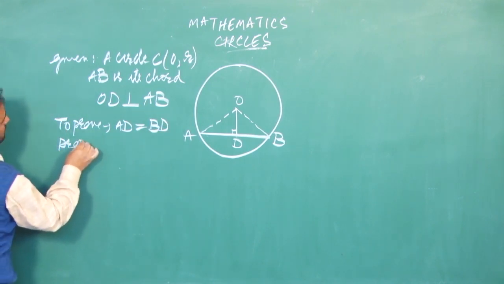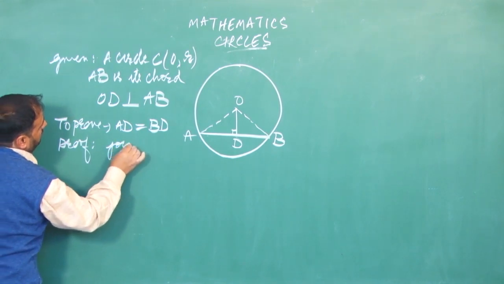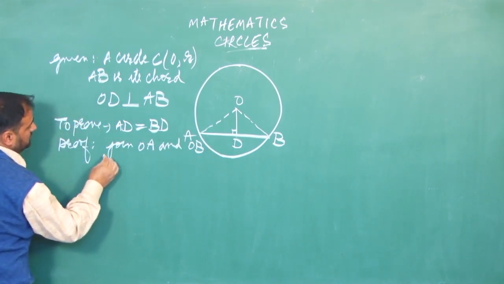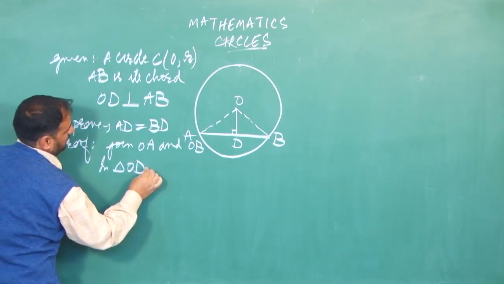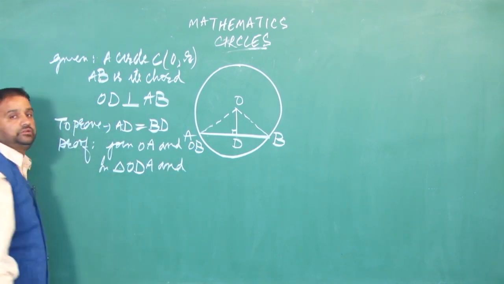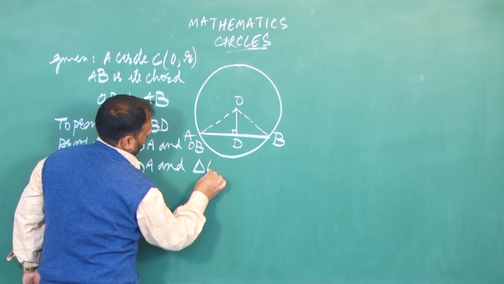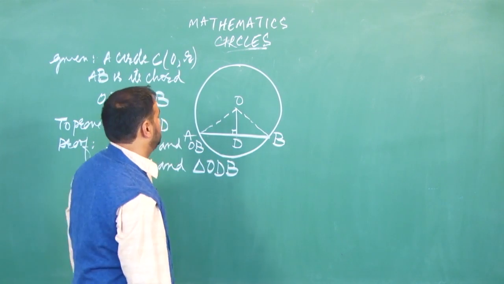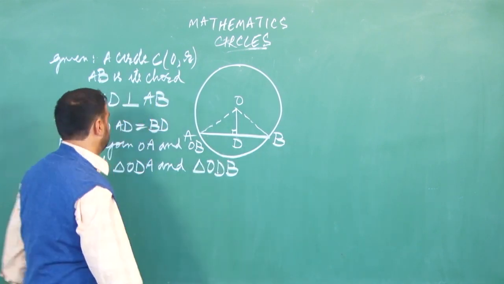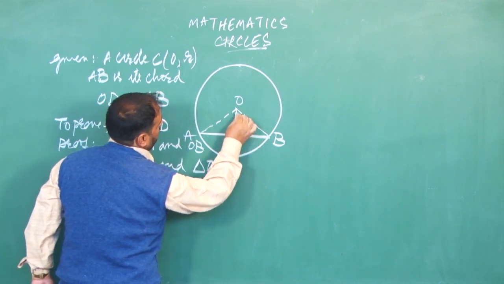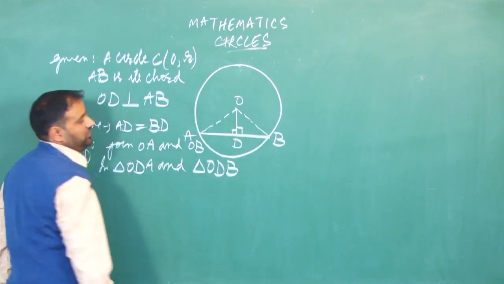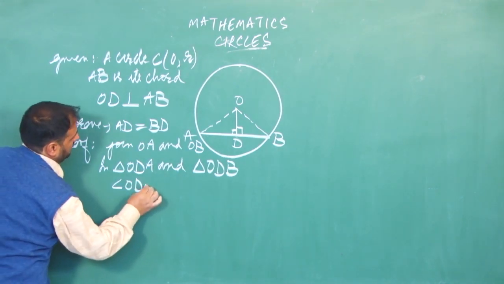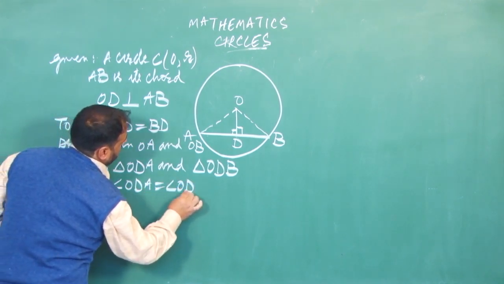To prove that, we need to join OA and OB. Now take two triangles, triangle ODA and triangle ODB, and find out which rule makes these triangles congruent. First, in both the triangles, angle ODA and angle ODB form 90-degree angles. So they are equal. We can write angle ODA is equal to angle ODB, each 90.